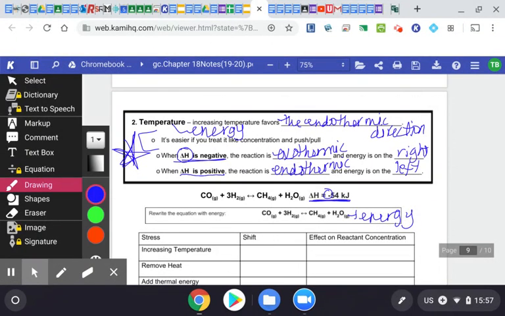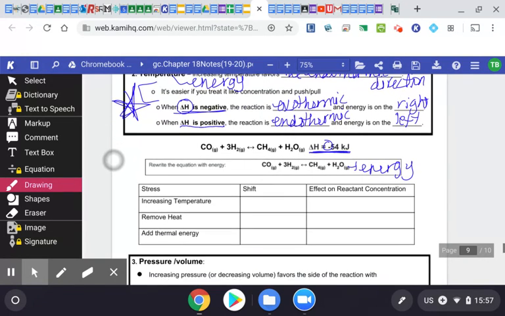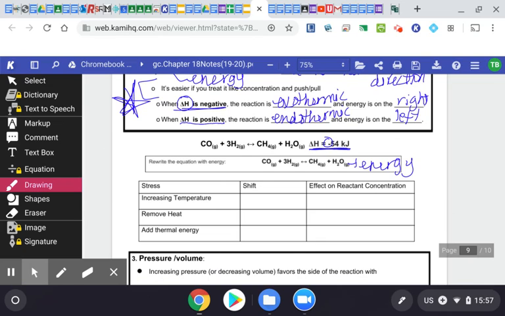And I'm also going to go with a different color here. All right, so the first stress we're looking at is increasing temperature. If I'm increasing temperature, that means I'm increasing my energy. If I increase something, we said it's going to push it to the opposite direction. So that's going to push it to the left side of the reaction.